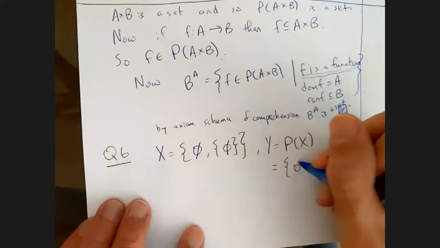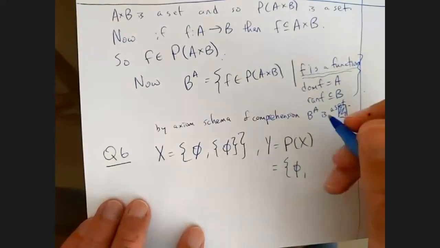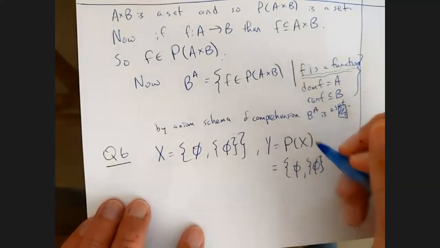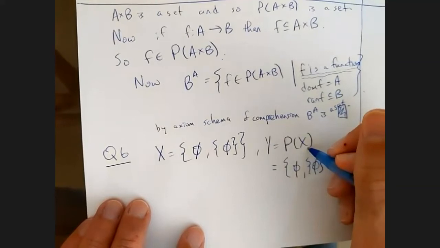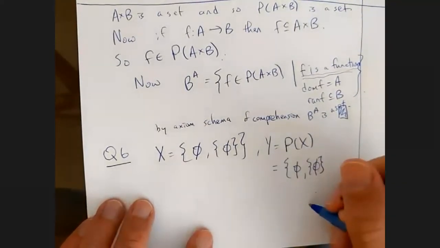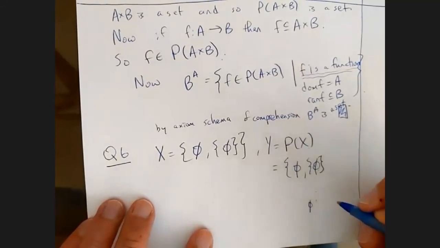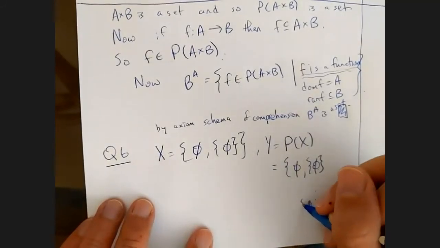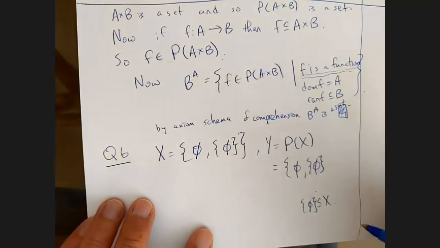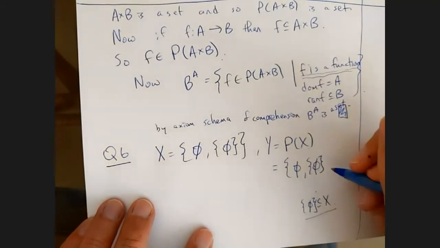You have the empty set as a subset of X. The singleton containing the empty set is an element of the power set of X, right? This is for this reason.